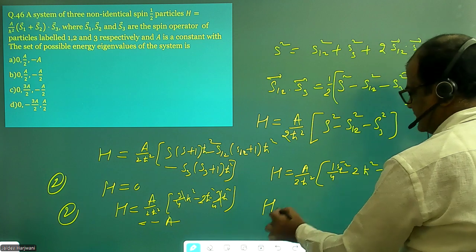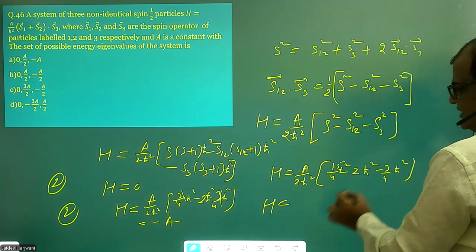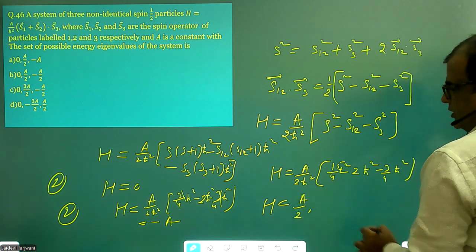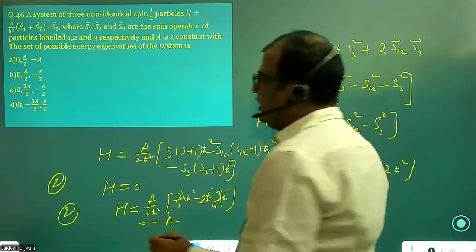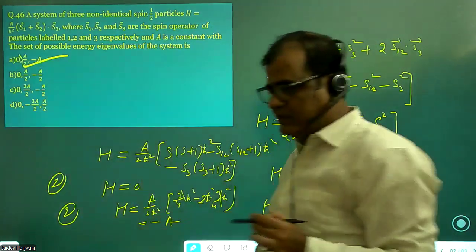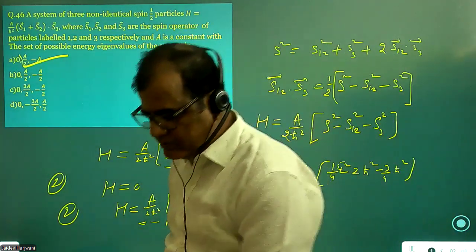If I solve this one, 15 by 4 minus 8 by 4 minus 3 by 4 is 1 ħ². So this will give me A by 2. So I have 3 eigenvalues: 0, A by 2, and minus A. So this is the correct answer for this question. Okay, thank you very much. Hope you like the solution.